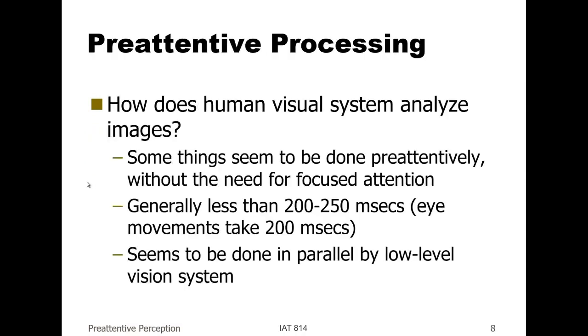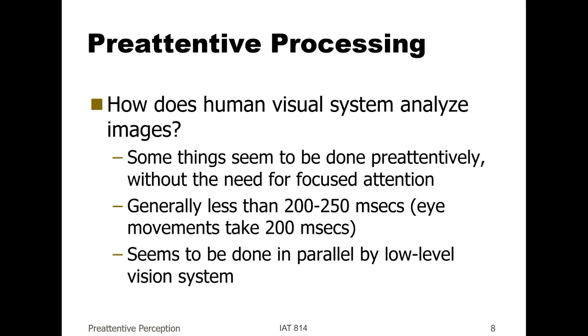Okay, so now that we've talked a little bit about this very simple model, let's talk about how stage 1 capabilities can be used in visualization. So the question there is, how does the visual system analyze images? Some things seem to be done perfectly capably by stage 1 actions. That is to say, they can be done very rapidly, within 200 to 250 milliseconds, and before you need to actually pay conscious attention to them.